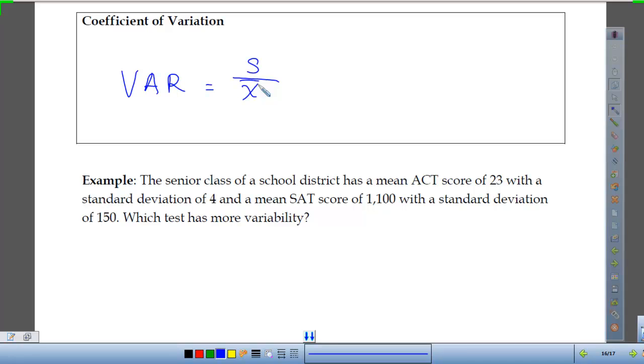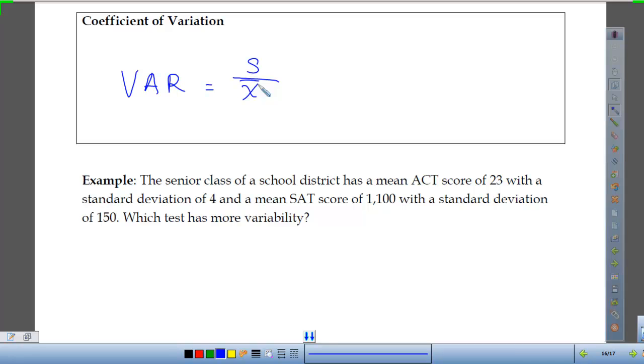It basically compares our standard deviation to a typical value in our data set. That makes it possible for us to compare things from data sets that are very different. If we found the coefficient of variation for ball bearings and also for the tire tread miles, then this would allow us to compare the 2 data sets.